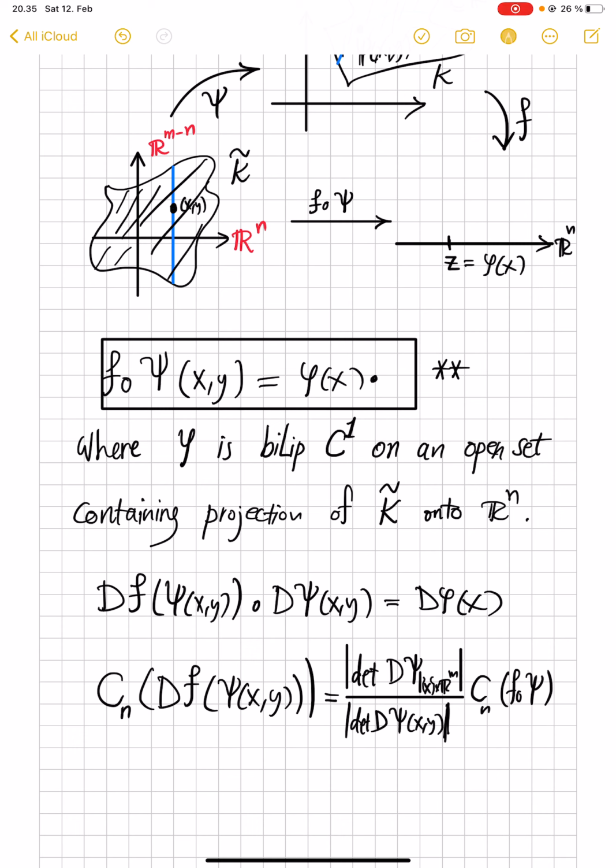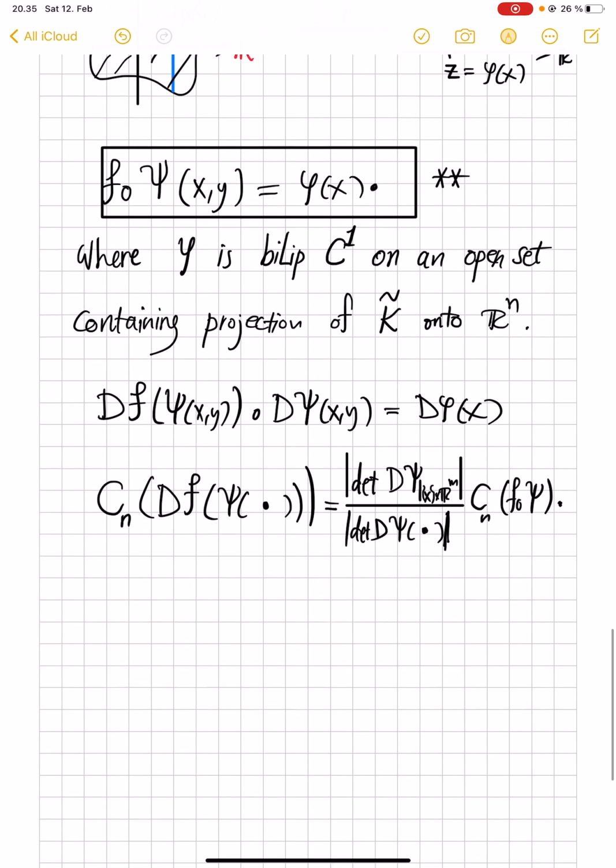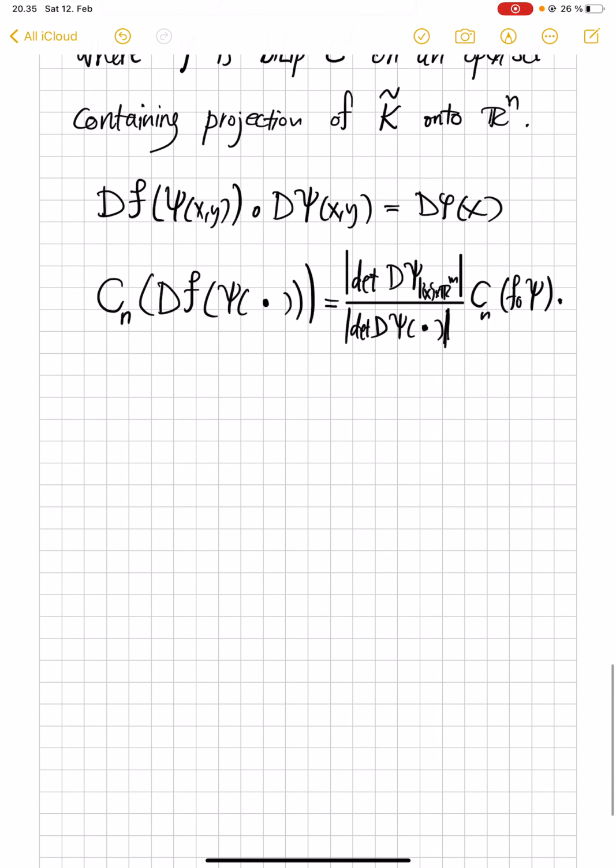So it is equal to that. Let me, to save some notation here, replace these xy's with this. This may look like a very lengthy formula, but it will be very important to help us reduce to Fubini's theorem. In fact, from this point on, it's just computation using Fubini's theorem.